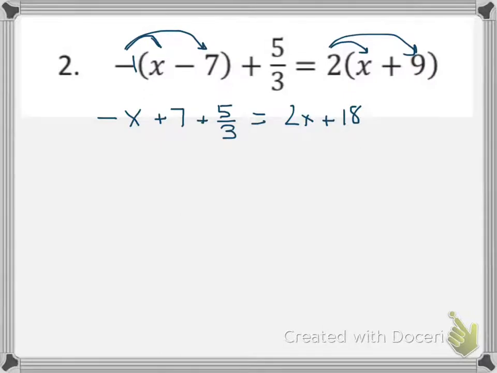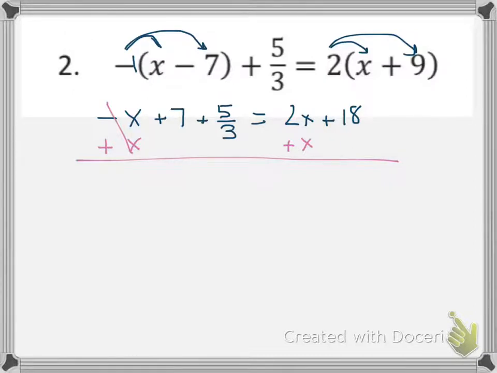Now we need the variables on the same side, so I'm going to move this negative x with a positive x, balance the equation. The x's go away, I get 7 plus 5/3. Well, I can do this now as well. If I change the 7 into something over 3, I can add these together easily.